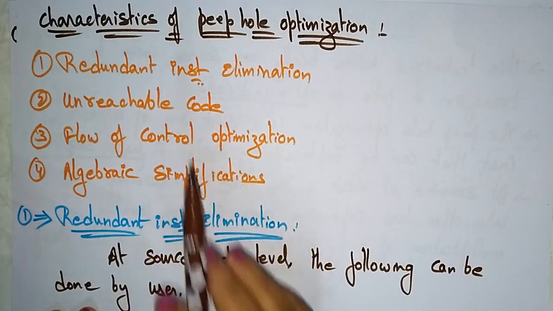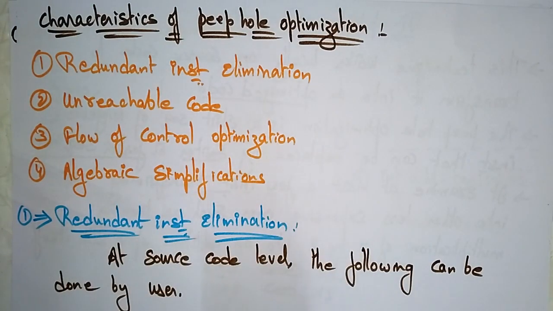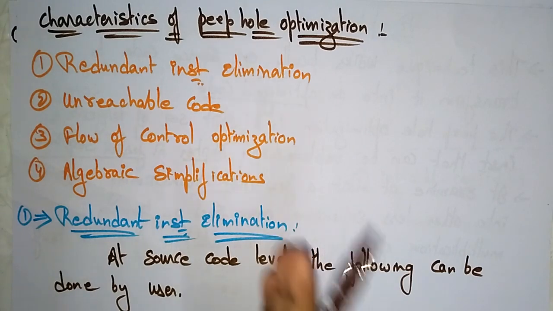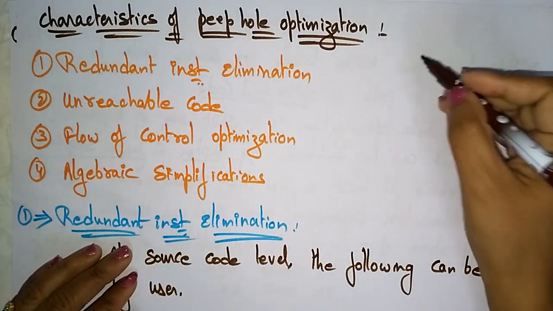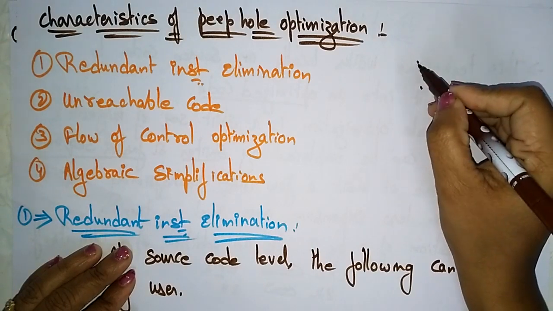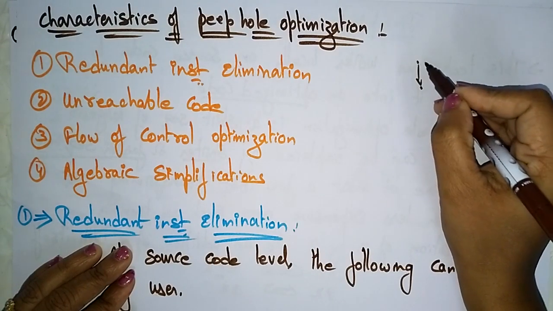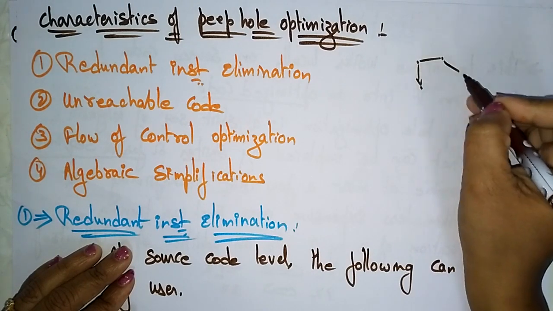Unreachable code: if code present in the source program is not used anywhere in the program, you remove that code. That is unreachable code. And flow of control optimization: the flow has to be controlled instead of jumping from one statement to another. Suppose you want to reach the top; instead of going one way, some paths will go another way and come here.